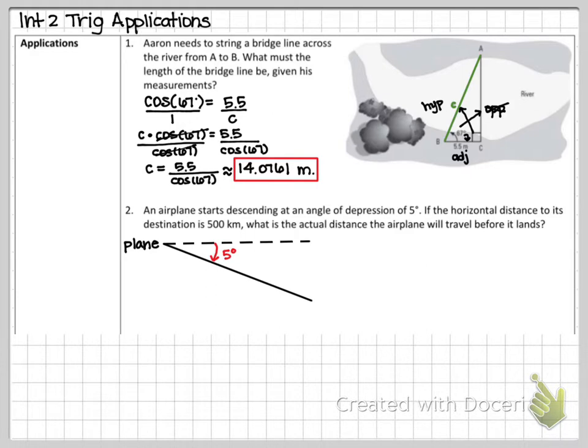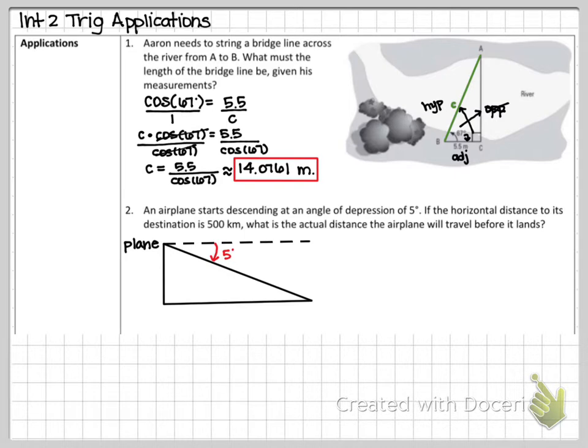Then let's take a look at the rest of this. If the horizontal distance to its destination is 500, okay, so horizontal, if we go straight from where the plane is, its horizontal is going to be that bottom part.